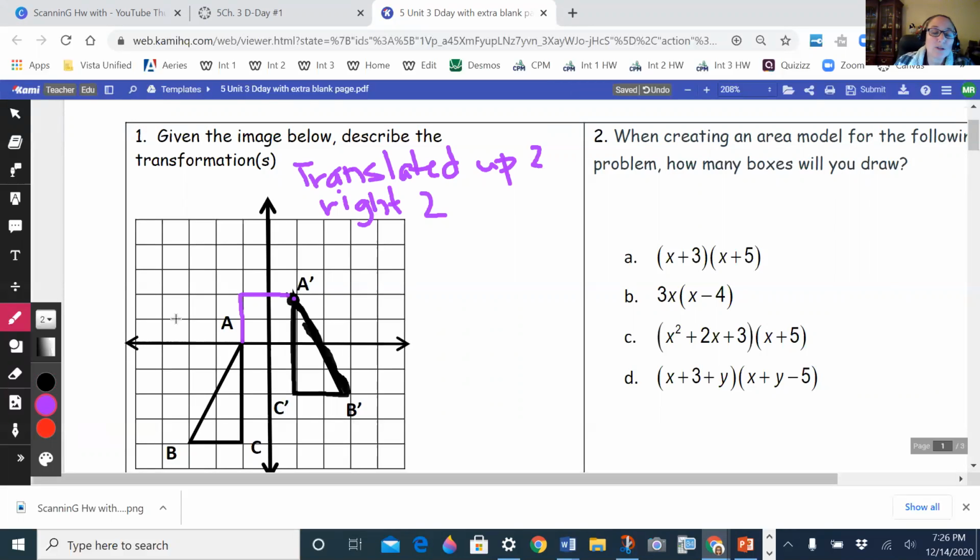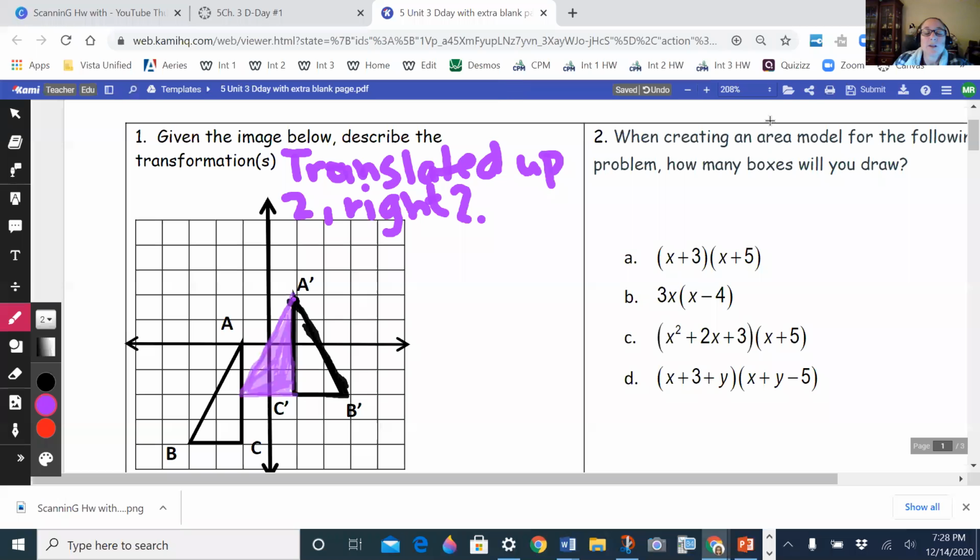Then it looks like we did a reflection. I just drew in the translation. So we said we had translated it up 2, right 2, and you can see that would give us this purple triangle here.